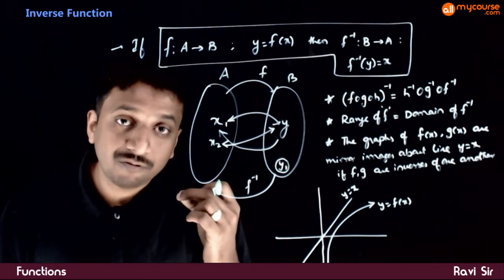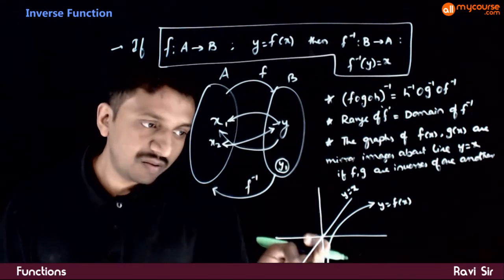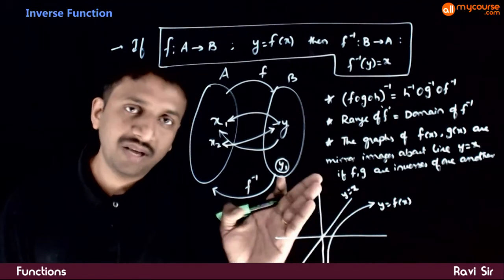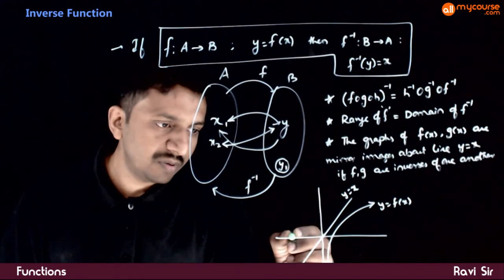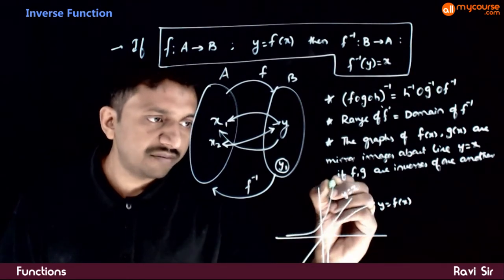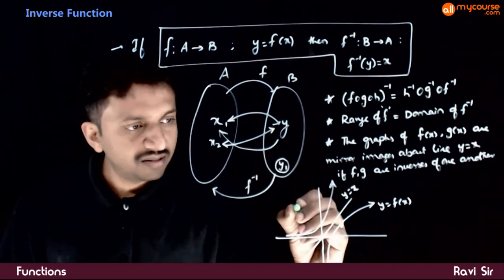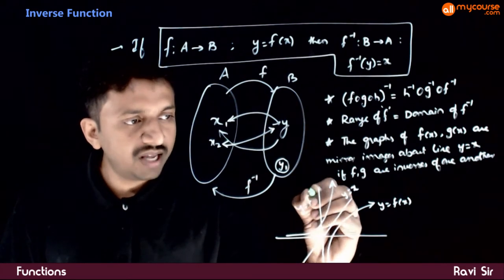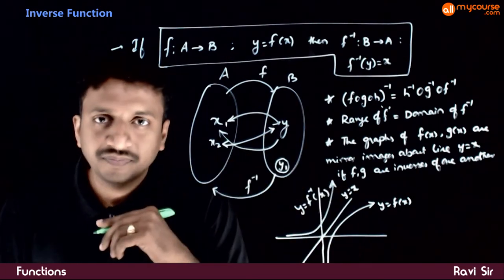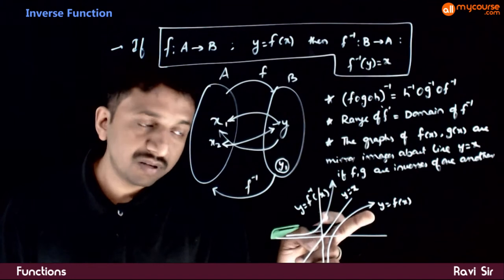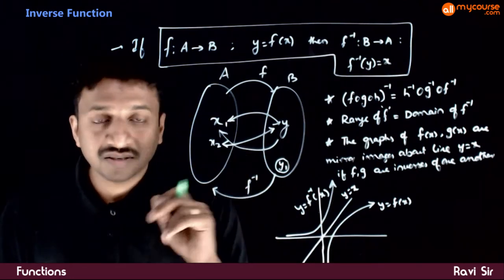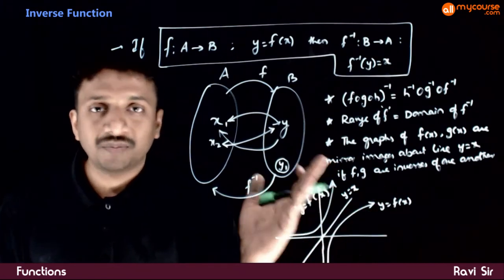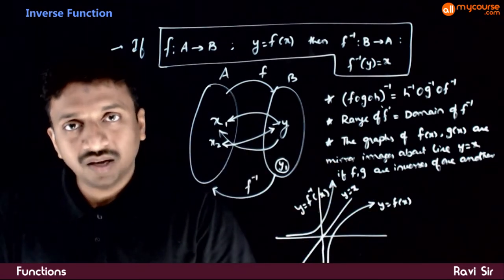If you draw the graph of y is equal to g of x, you get the exact mirror image of this about the line y is equal to x. So we have a graph which looks like this. It says y is equal to f inverse of x. The graphs of y is equal to f of x and y is equal to f inverse of x are mirror images about the line y is equal to x.